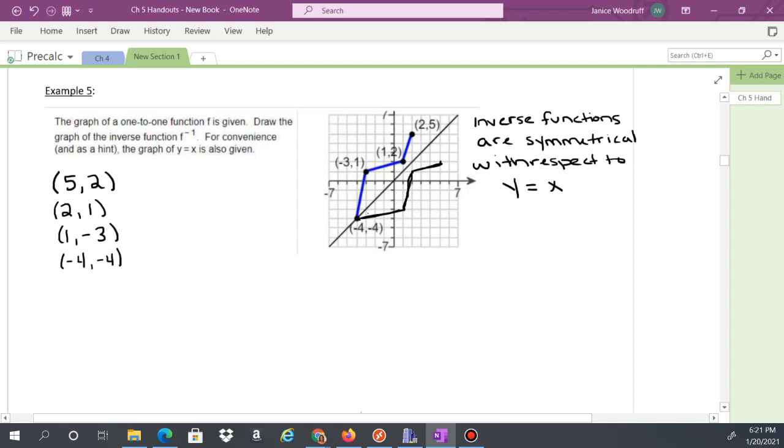Because there's your graph, y equals x, symmetrical about that graph. Okay, and then I think we have a little bit more about inverses.